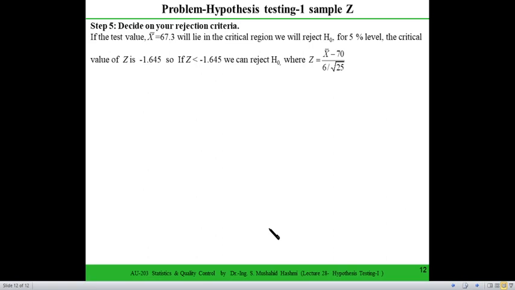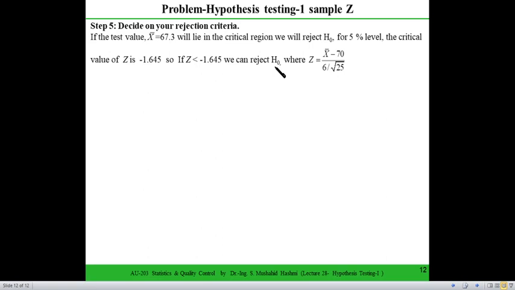At 5% level of significance, we work out the z value. Z value is x bar minus mu over the standard deviation, and here the standard deviation is sigma over under root 25. So you come up with the z value from this calculation. You come up with minus 1.645. So if your z value is less than minus 1.645, then we can safely reject our null hypothesis in favor of the alternative hypothesis.